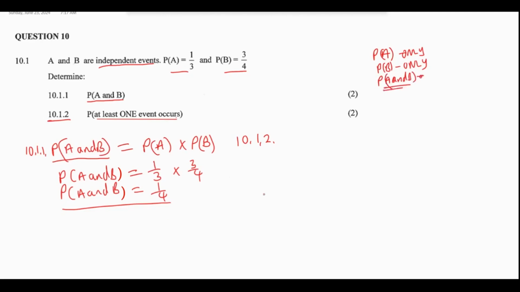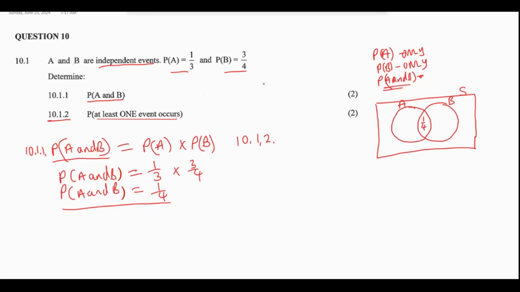So A and B. So we can represent this using what? A Venn diagram. So we have our sample space, and then we have probability of A, then probability of B. This is A, this is B. Right, probability of A and B, we know that is 1 over 4. So now we were given that probability of A is 1 over 3.